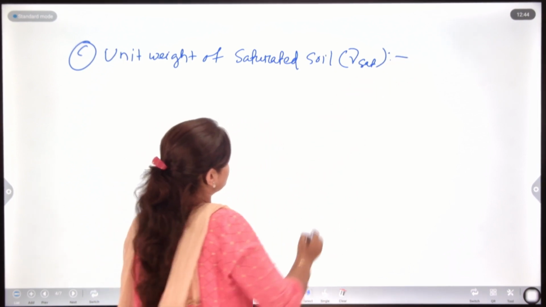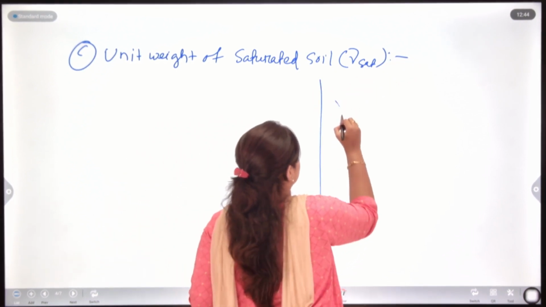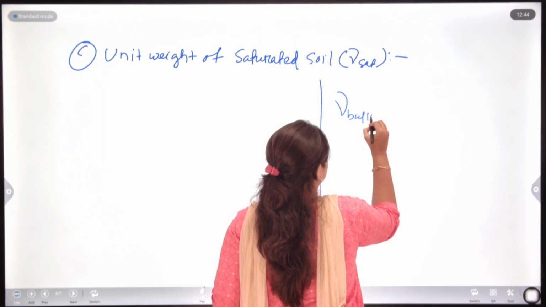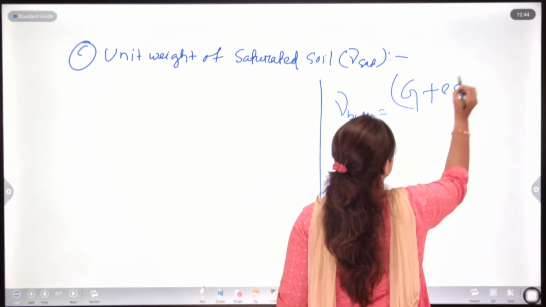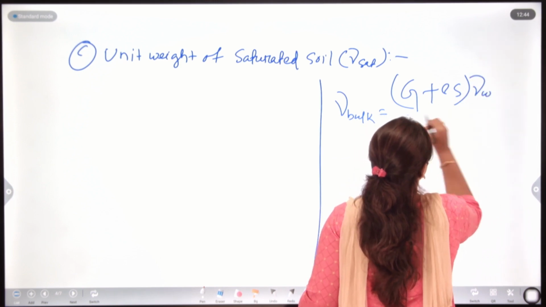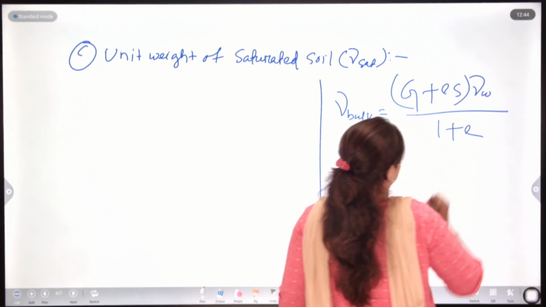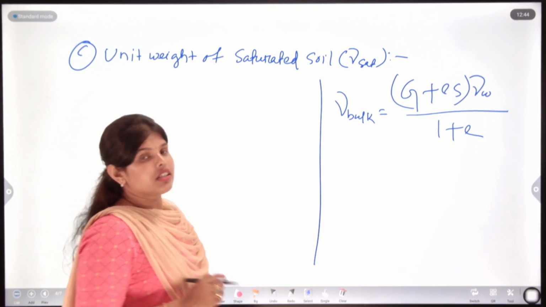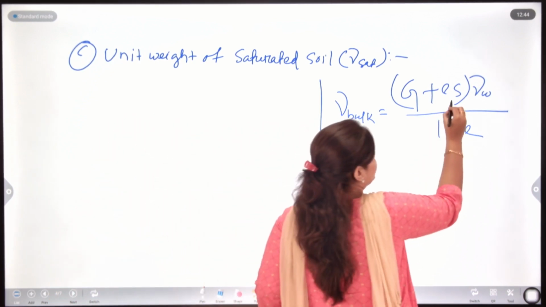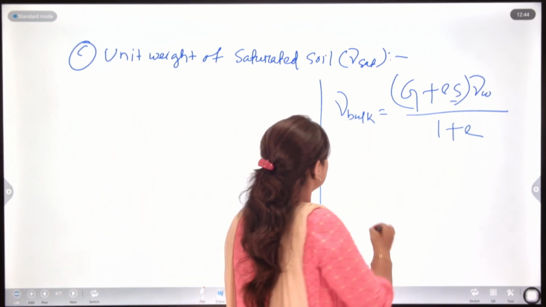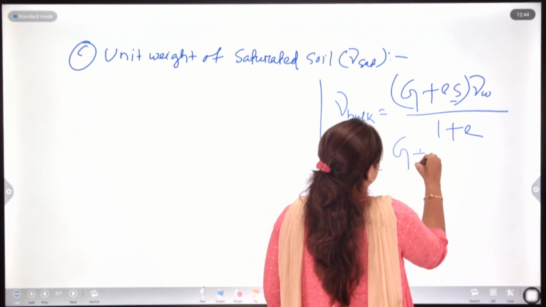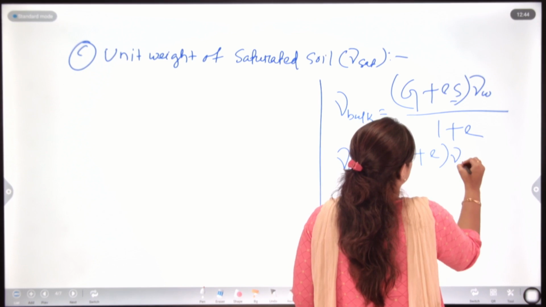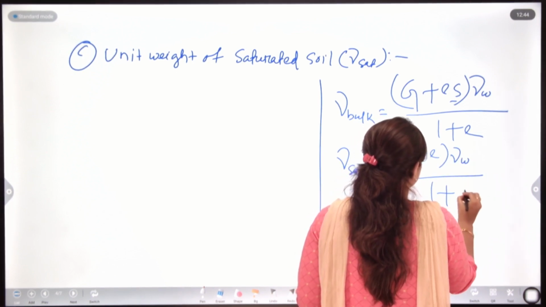We know that gamma bulk is G plus eS gamma W upon 1 plus e. As in case of saturated soil we take S as 1, your gamma sat becomes G plus e into gamma W upon 1 plus e.